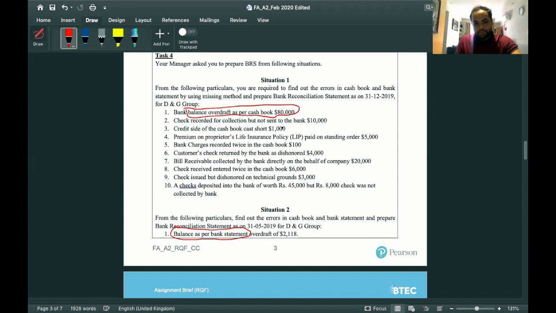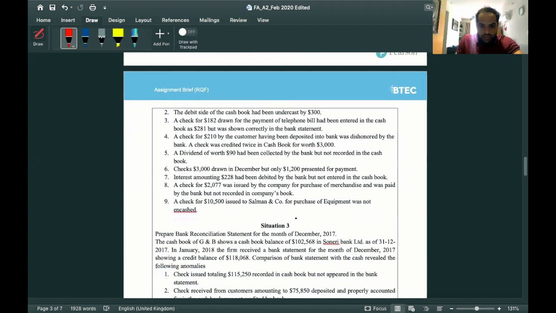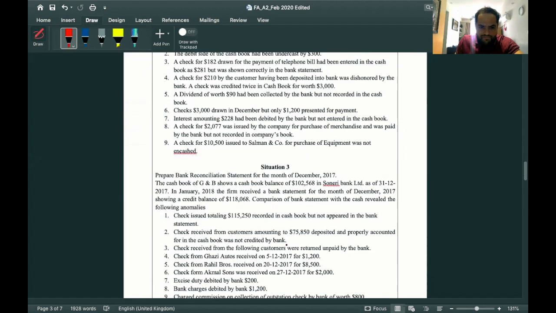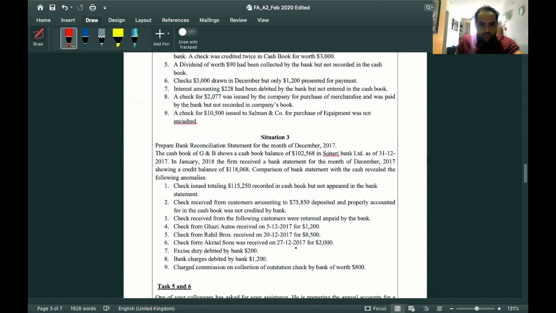All right. Situation 3, we also have a cash book to show the cash book balance in January, and the bank statement of the month has a credit balance. So it's also balance as per passbook and balance as per cash book, because both have been given.